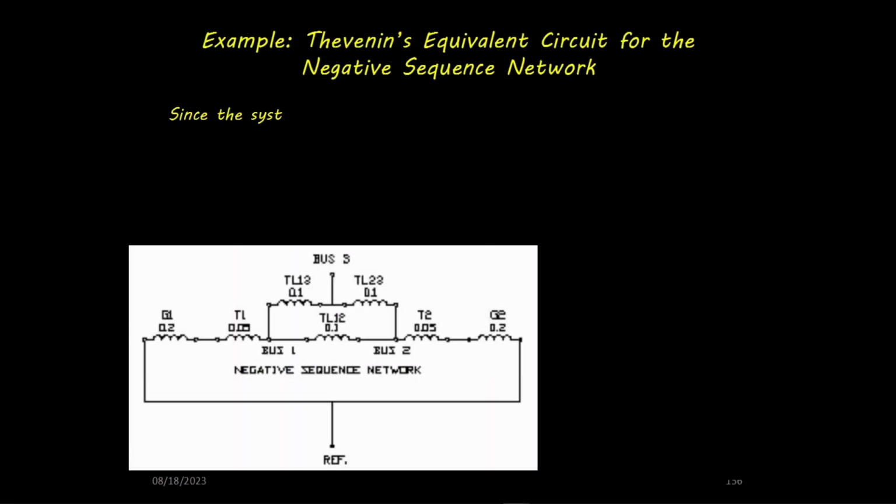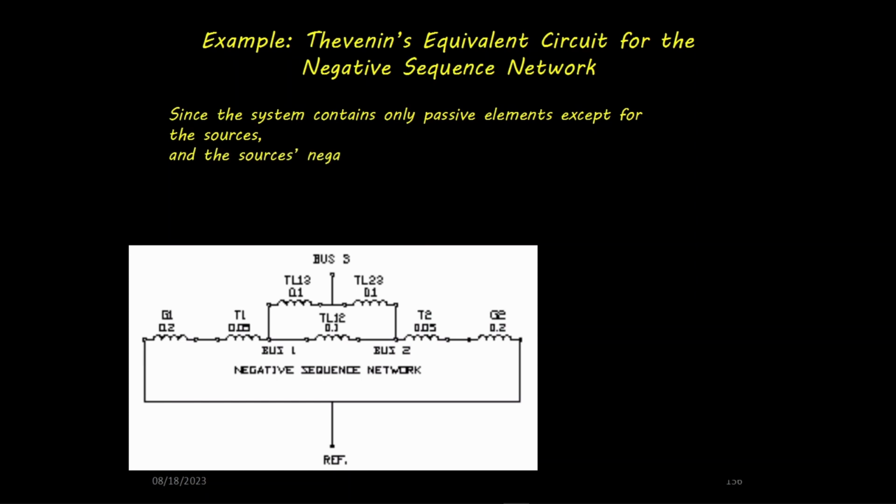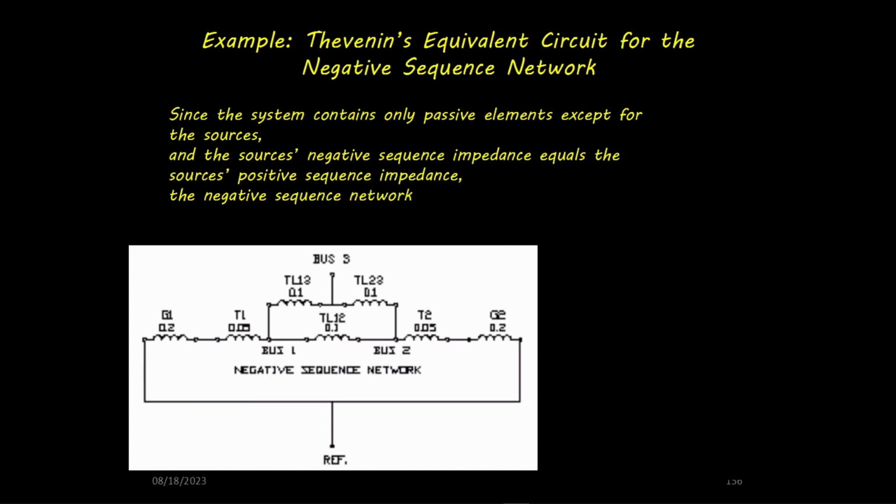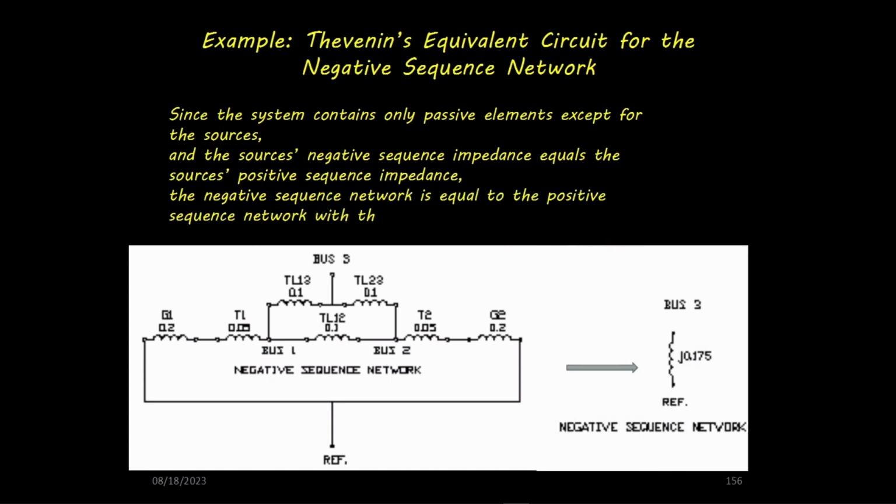Since the system contains only passive elements except for the sources, and the source's negative sequence impedance equals the source's positive sequence impedance, the negative sequence network is equal to the positive sequence network with the sources removed.